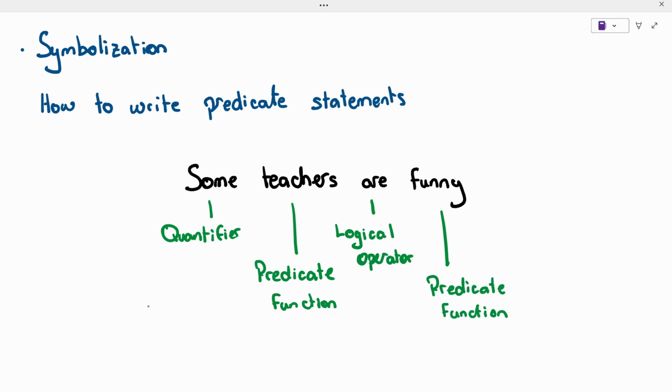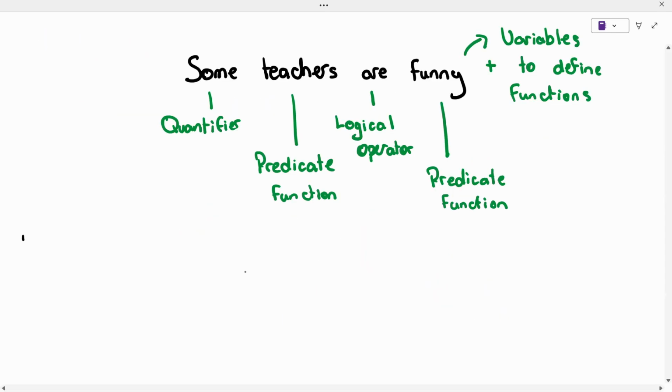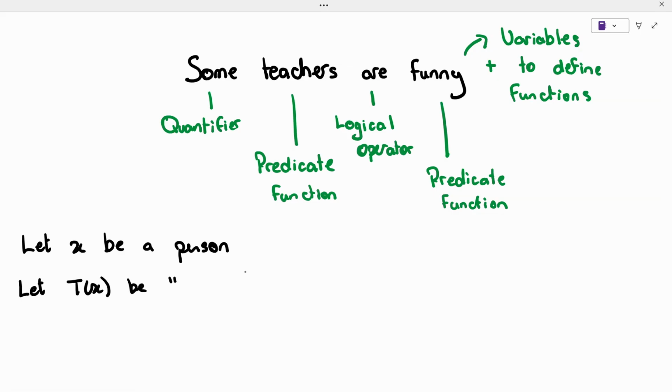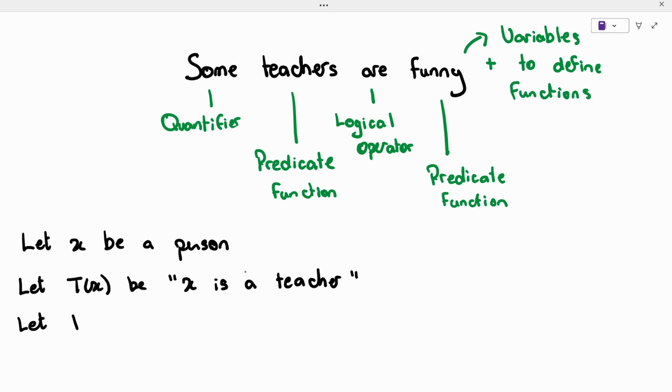And as we know, anytime you have a function, you also have to have a domain. So we need to define some variables to attach to these functions. So if we define our domain as a set of all people, we could say let X be a person, let T of X be X is a teacher, and let F of X be X is funny.